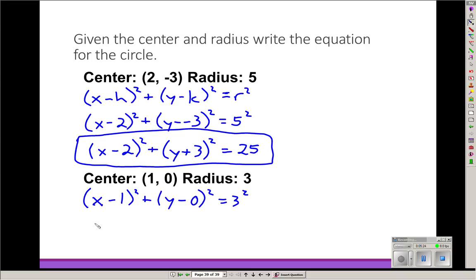Polish this a little bit. (x minus 1) squared stays the same. y minus 0, well, that's just a y. So this becomes y squared. And 3 squared is 9. So just like in the examples before, when the center coordinate is a 0, then that variable is just the variable squared.